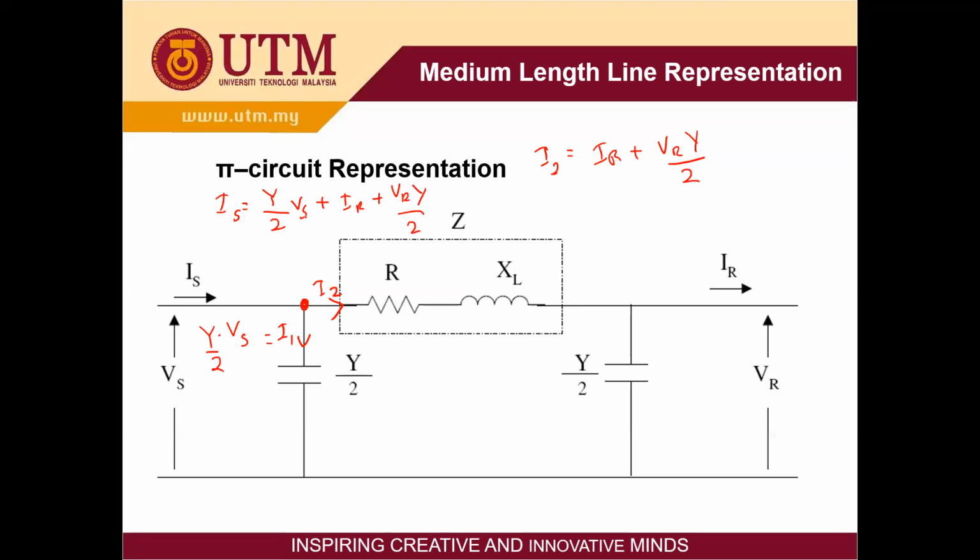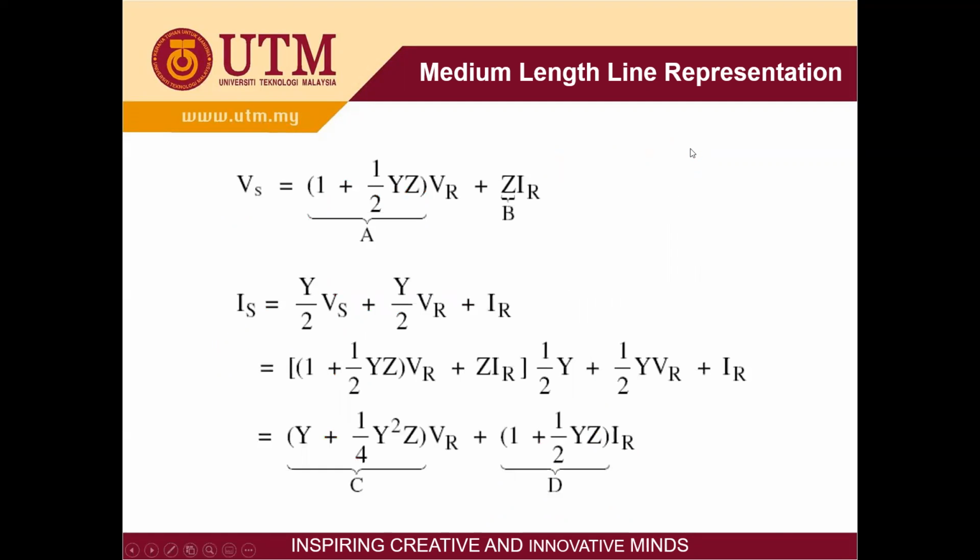But since this is IS, we need to replace this Vs, and Vs is actually the voltage from this KVL. So your Vs is actually equal to I2 Z plus VR, and this I2 is this one. So we replace Vs with this formula.